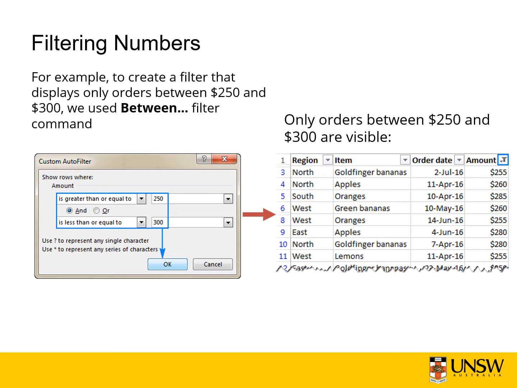By clicking the Between filter command, Excel opens the Custom AutoFilter dialog box. We enter 250 in the lower bound and 300 in the upper bound values. By default, Excel suggests using greater than or equal to and less than or equal to comparison operators. You can change them to greater than and less than if you don't want the boundary values to be included.